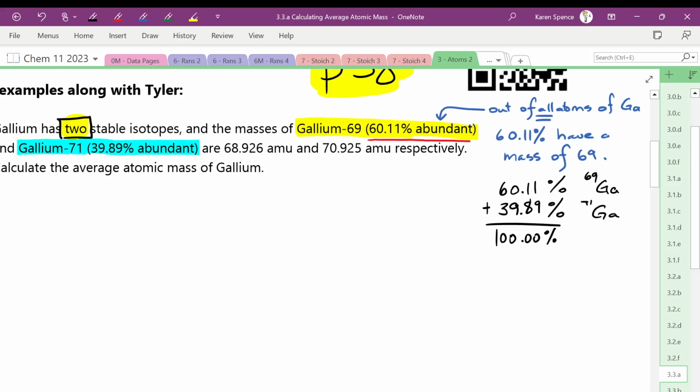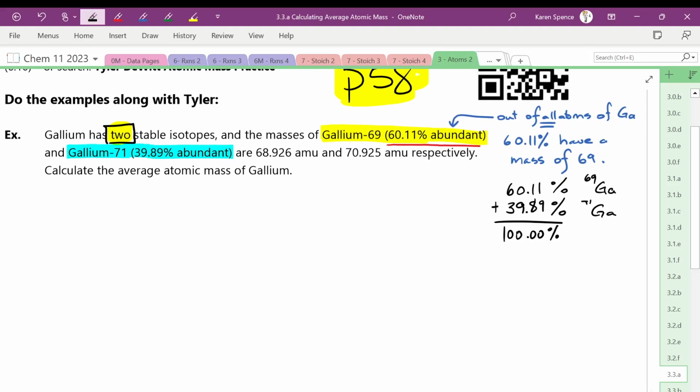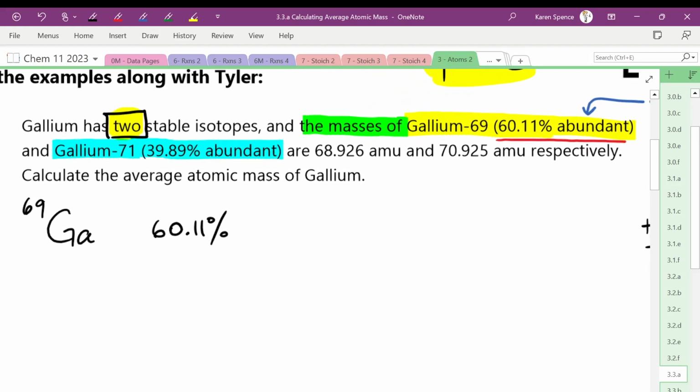So let us write down a couple of things here. We have gallium-69, which is at 60.11%, and we are told, now this language here is a little tricky. Do you see how it says the masses of gallium-69 and gallium-71 are blah-de-blah and blah-de-blah respectively?